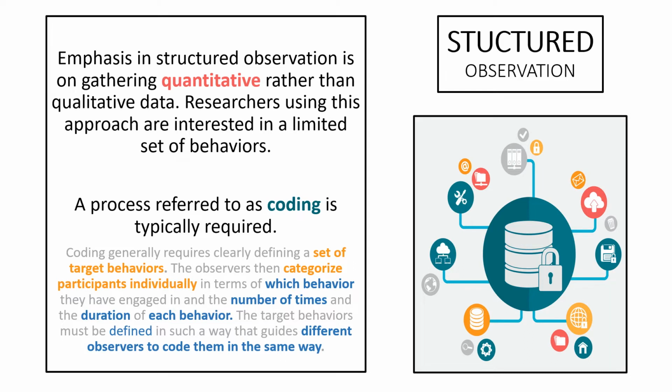Also, the number of times that the behavior occurs, that is their frequency, and the duration of each behavior can then be recorded if that is a variable of interest. For the purpose of structured observations, target behaviors must be clearly defined beforehand, and in such a way that different observers can code them with uniformity.